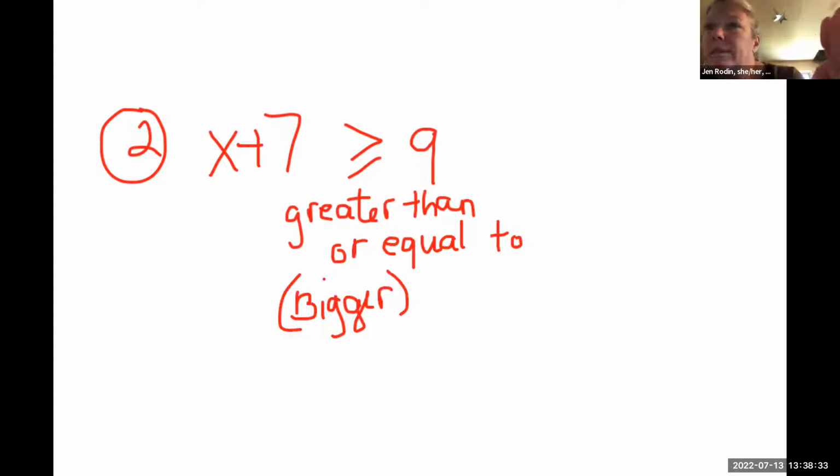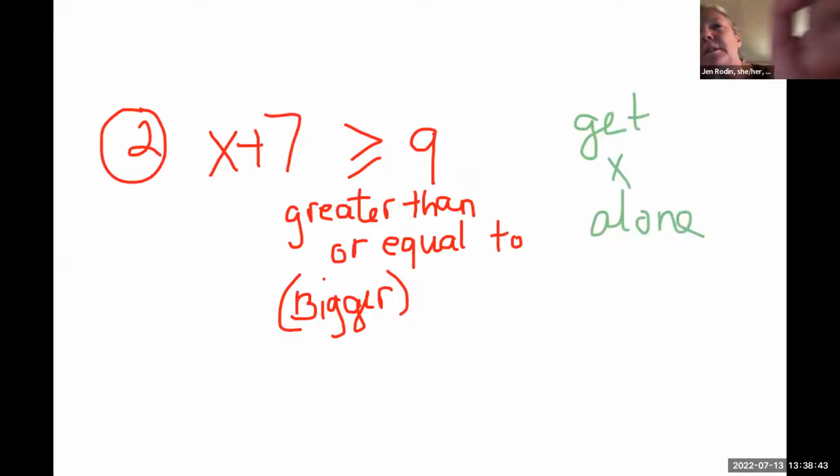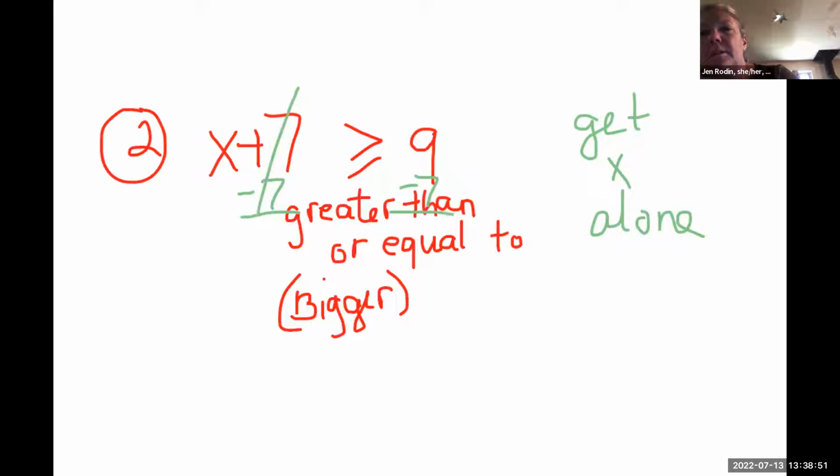But we don't graph it yet. We don't set it on the number line yet. We want to get x alone on one side. It could be on either side. Subtract 7. So x is greater than or equal to 2.